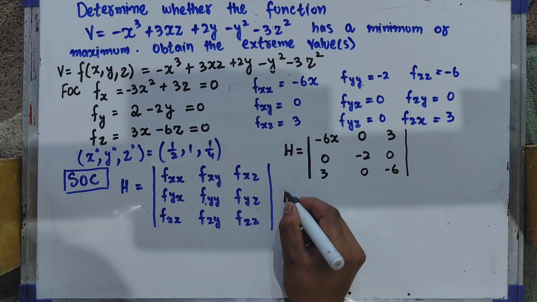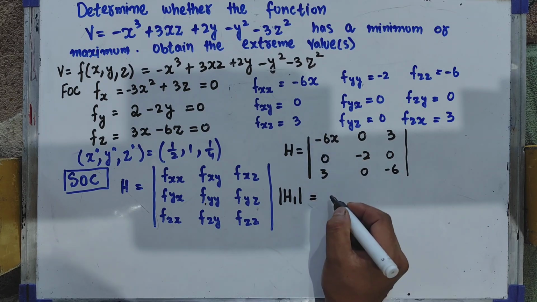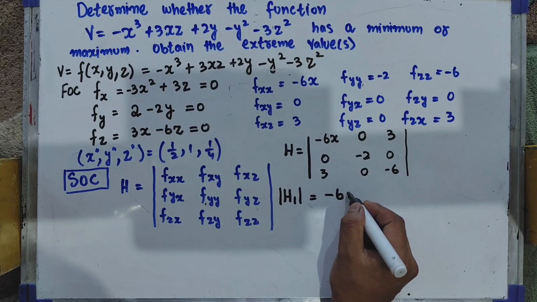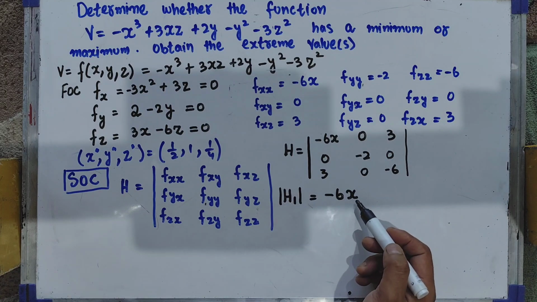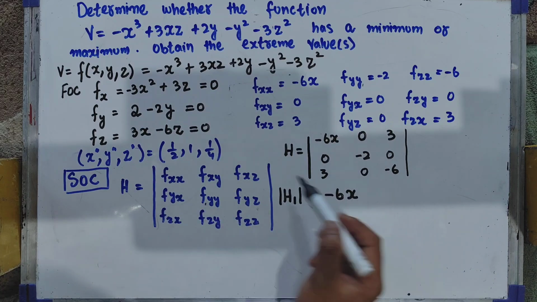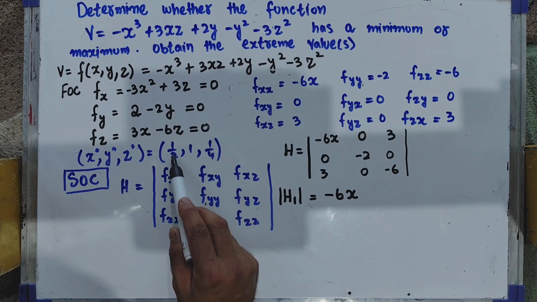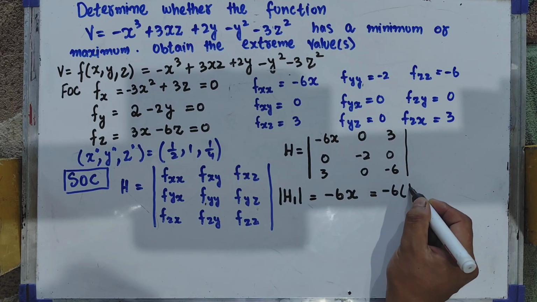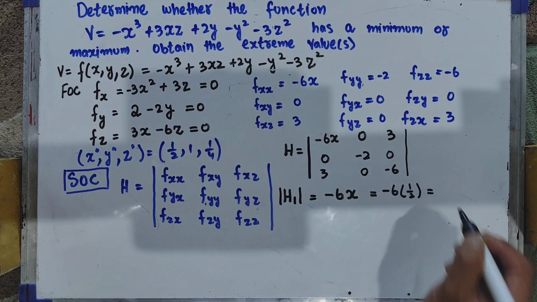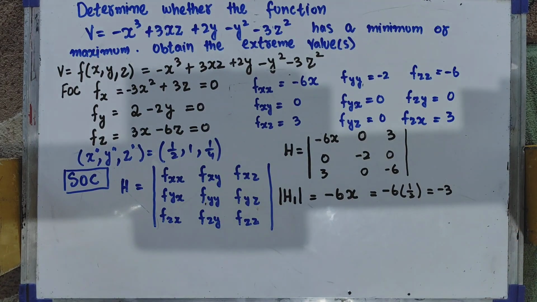We find h1 will be this very minor, that is minus 6x, and we evaluate it at the critical point. Since no y and z is here, we have only x. Let us give the value of x: minus 6 times 1 upon 2, so we will get negative 3.